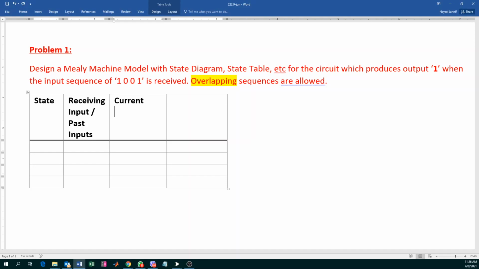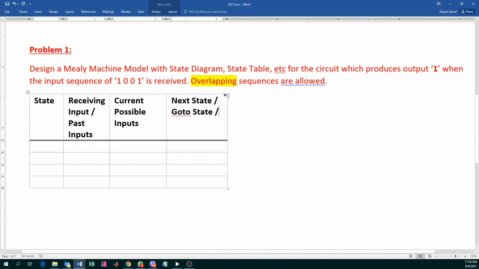Then current possible inputs, and you have the next state, or sometimes in colloquial words, go to state. Which state to go to, right? That's the colloquial name, next state or go to state.